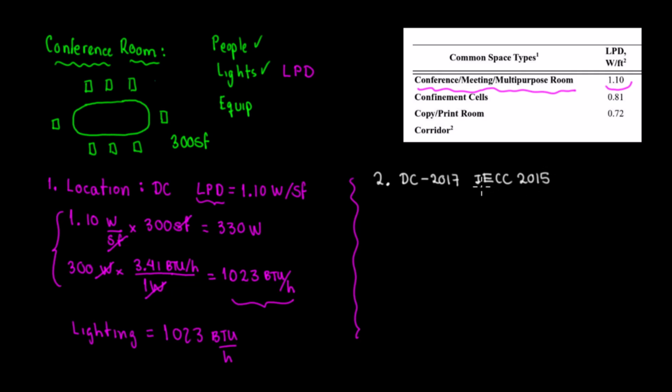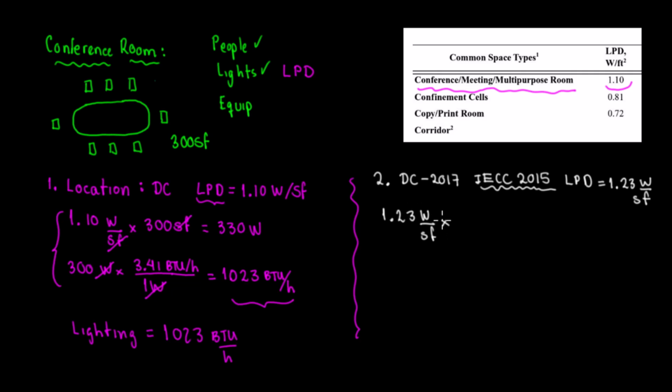So sometimes they rather use the IECC 2015, which says that the lighting power density equals to 1.23, as we saw on the previous video, per square feet, right? So in that case, what we're gonna have is the following: 1.23 watts per square feet.